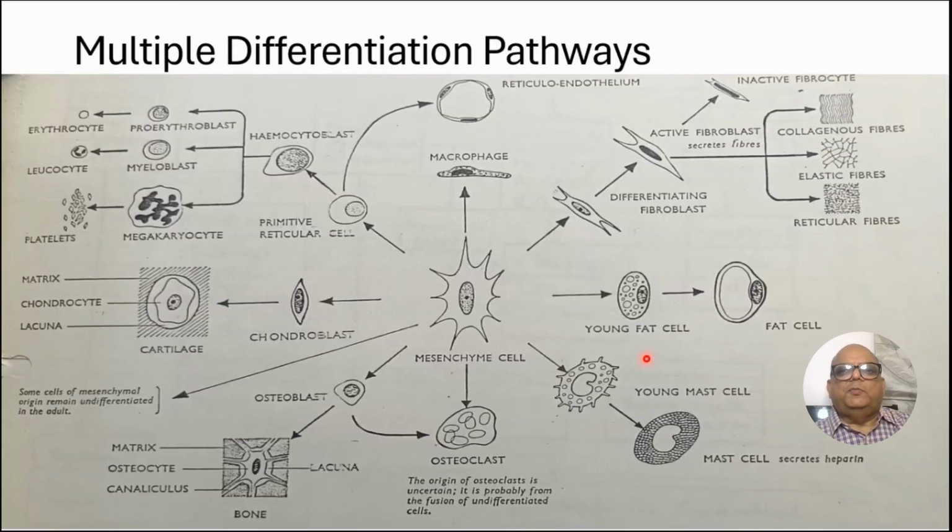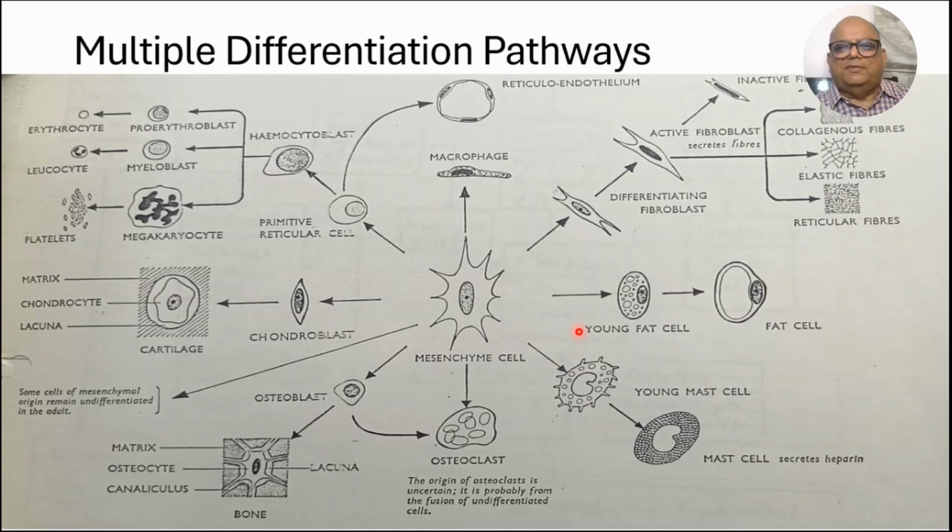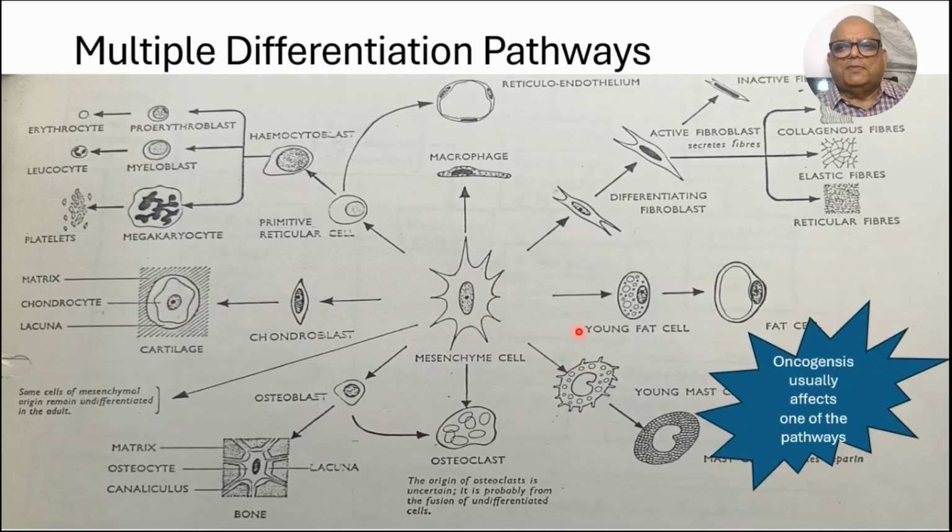Now there are multiple differentiation pathways starting from the mesenchymal cell. I will not go too much into detail. This is a borrowed picture just for visualization. Whatever is there with yellow highlight is my own thoughts. The rest is pictures just to make viewers visualize what I'm trying to say. So usually in oncogenesis, suppose some corruption happens here, only this path will be affected, and the other paths may progress normally.